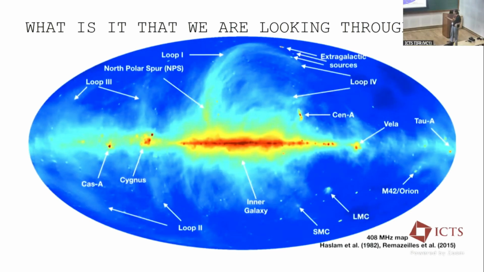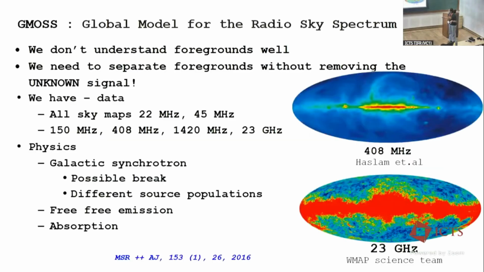You have a galactic plane, you have loops and spurs, and all of this will show up in your data. So what you need to do is to first understand what it is you're looking through, then separate your local signal from your galaxy, and then extract the cosmological signal. If you have a poor understanding of what your galaxy can contribute in your spectrum, you will not be able to make a high confidence measurement of the signal you are looking for.